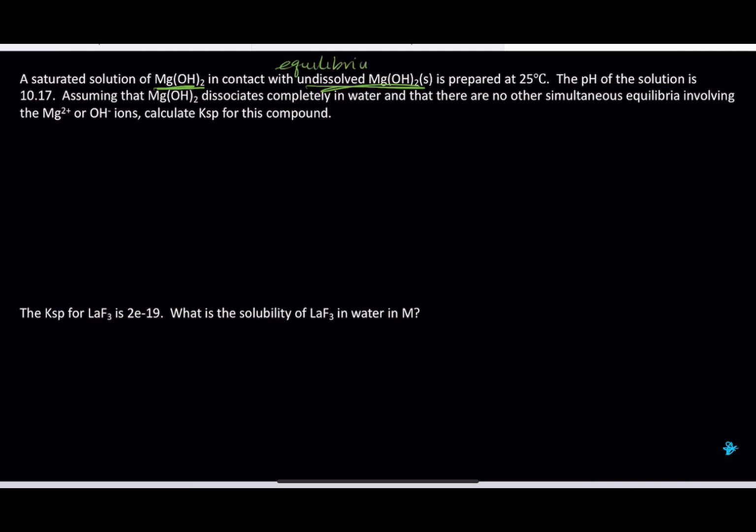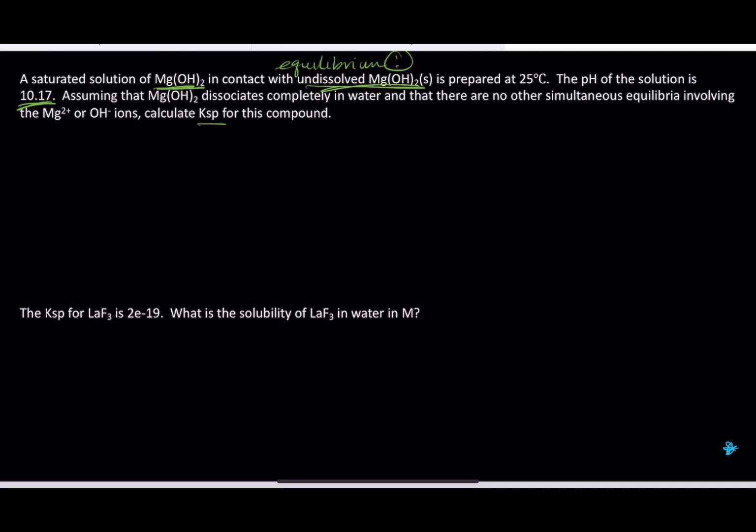If it is in equilibrium, then we can do what we just talked about using Ksp and our solubilities. The pH of the solution is this, assuming that it dissociates completely. What that means is the part that dissolves dissociates completely, meaning that all of the hydroxide in the solution comes from the magnesium hydroxide, and there are no other simultaneous equilibria happening.